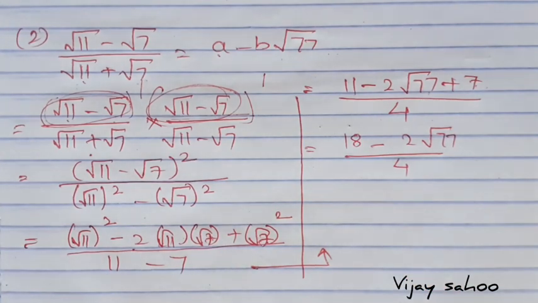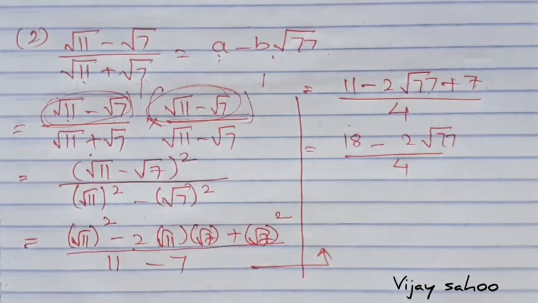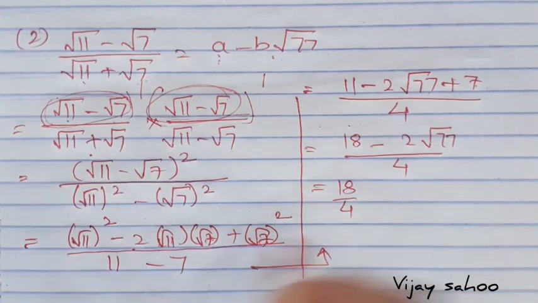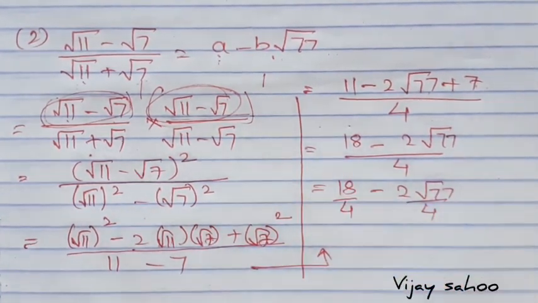Done. Now we have to find the value of a and b. So what we'll do? We'll try to split the denominator. So it will be written as 18 by 4 minus 2 root 77 by 4. If cancellation is possible, do it. And if not, then that will be the final one.